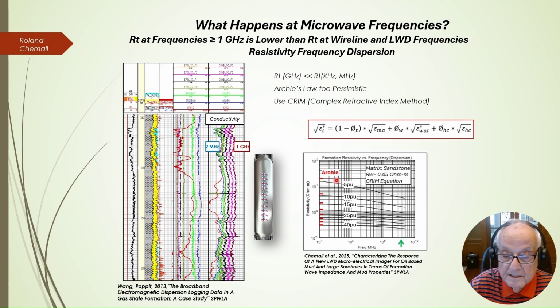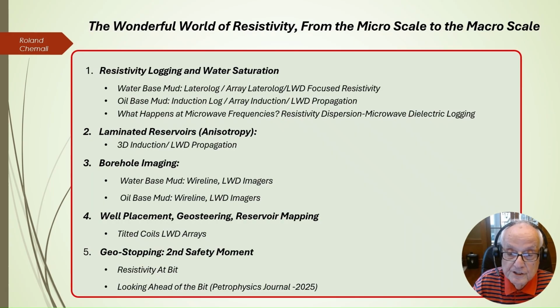In this case, from about 15 to about 4 or 5 when you go to 3.8 gigahertz. So be careful when you see resistivity in the gigahertz range, you cannot use Archie.